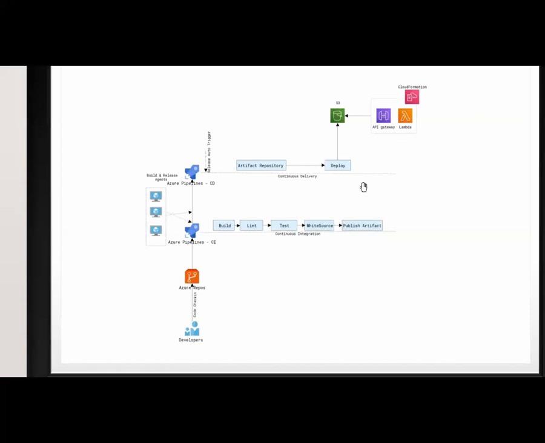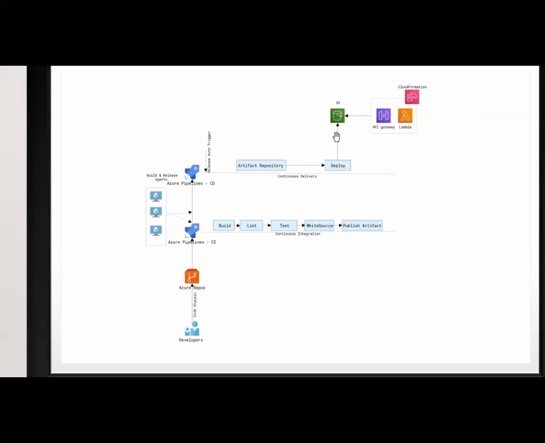In this case, I have a serverless app. The app is a Lambda function, and it is deployed to the AWS infrastructure. It also publishes an API, and all the infrastructure is provisioned through a CloudFormation template.